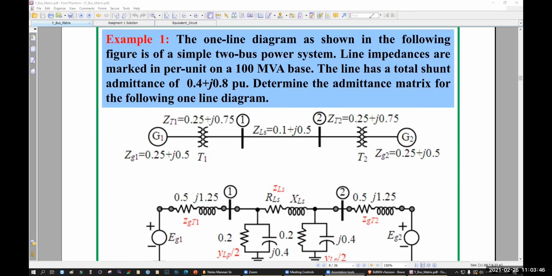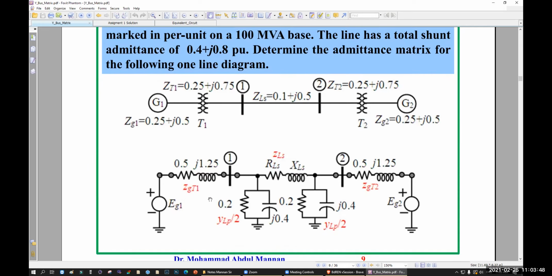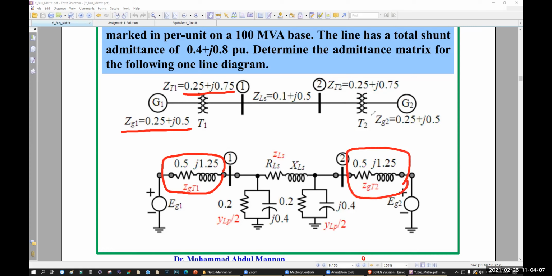Now let's draw the impedance diagram. This one is the combination of the transformer and the generator, in series. This is the combination of transformer and generator on the other side.